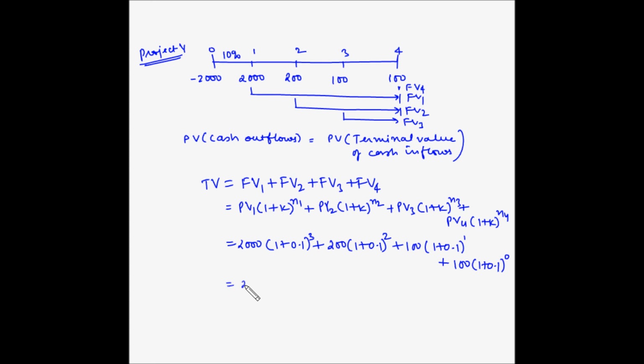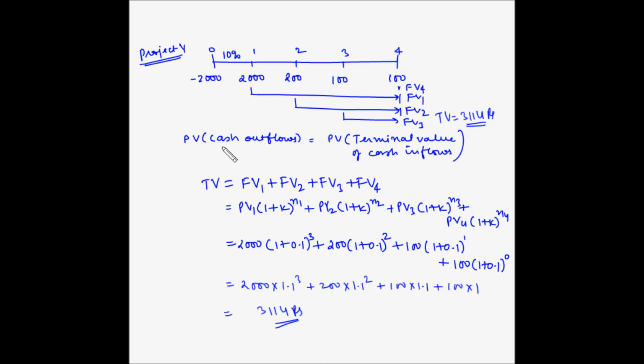So this is equal to 2000 into 1.1 cube plus 200 into 1.1 square plus 100 into 1.1 plus 100 into 1. 1.1 to the power 0 will be 1. So this value comes out to be 3114. So the terminal value is equal to 3114 rupees.